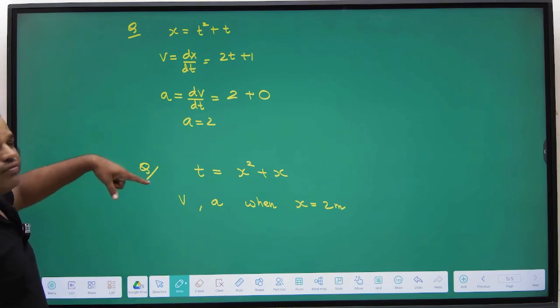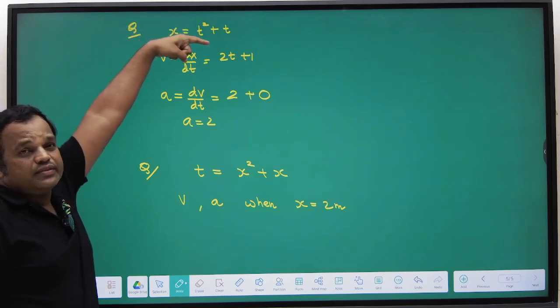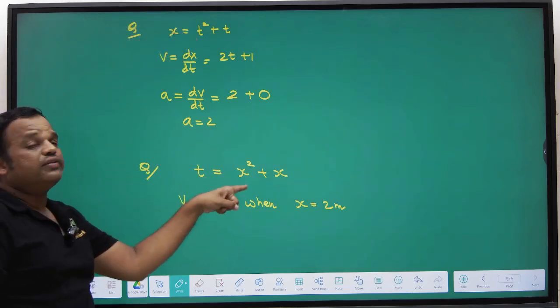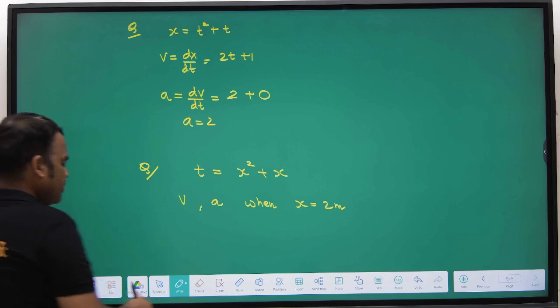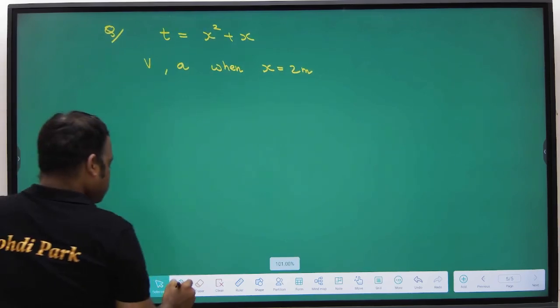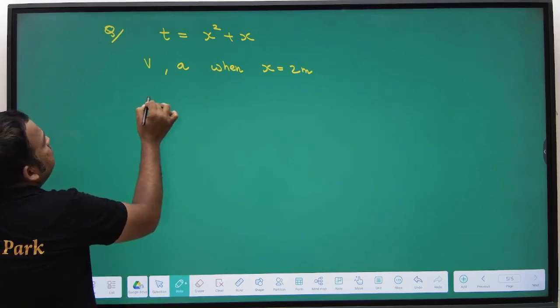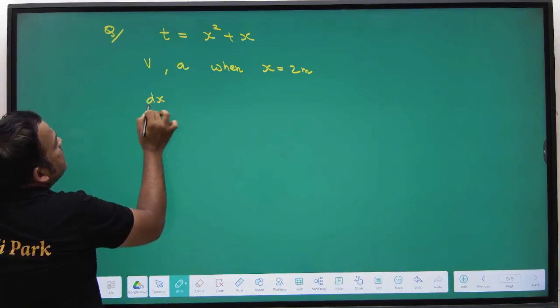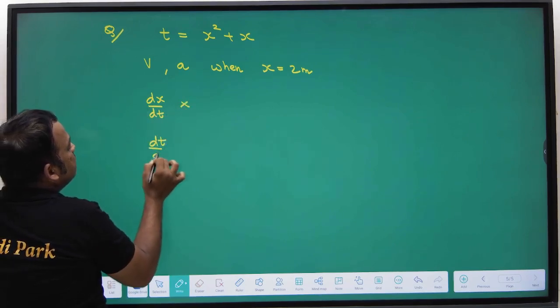Now what is different in this question? In this question, it is x is equal to t square plus t. Here t is equal to x square plus x. So instead of finding dx by dt, we will find dt by dx.